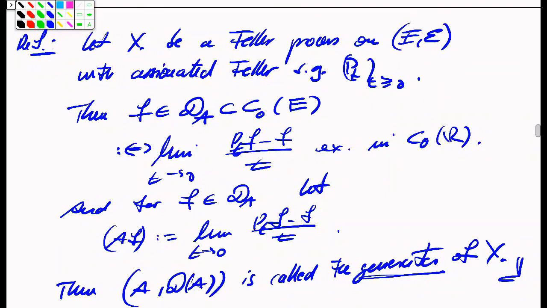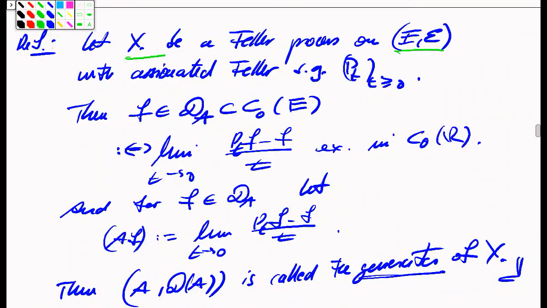The definition goes like this. So let X be a Feller process on a topological space. And I should probably emphasize here as a side remark that whenever we do not refer to constructive things in measure theory, it is typically sufficient to assume only that the underlying space is a topological space.